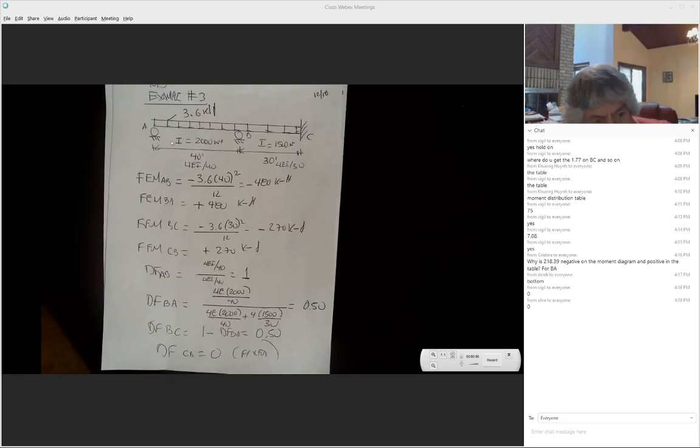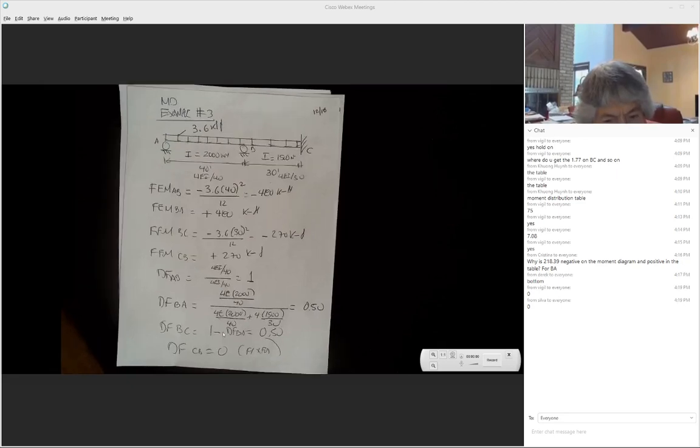The distribution factor at this location, because it's only one member framing into this joint, one member, this divided by the same number, 1. At the roller, external roller or pin, always 1. At the wall, always 0. So we only need to compute BA and BC. So I computed it here, look.